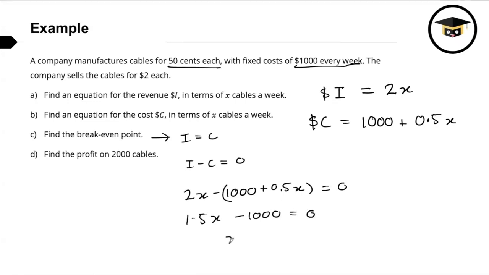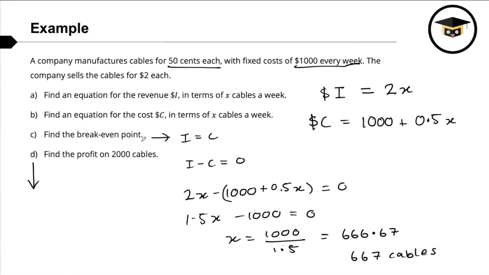And then x is equal to 1,000 over 1.5, and that is roughly equal to 666.67. So in terms of finding the break-even point, we would say it's 667 cables per week.